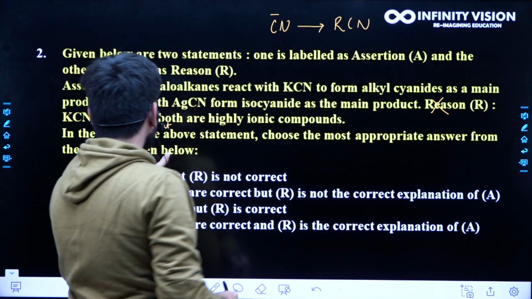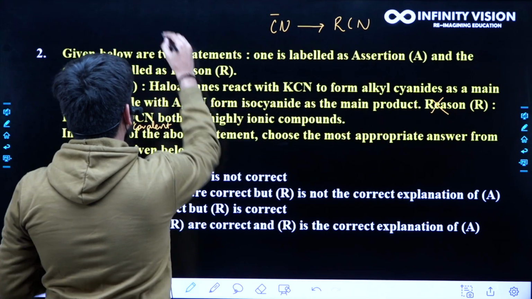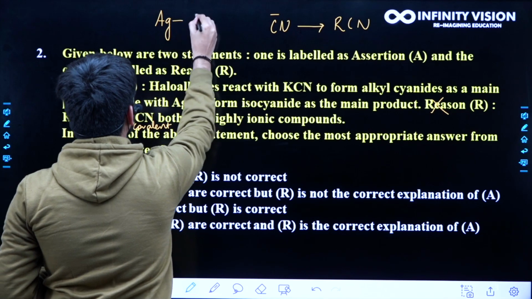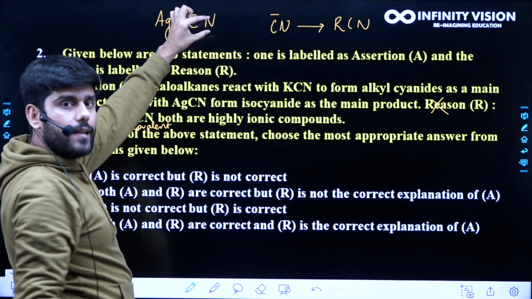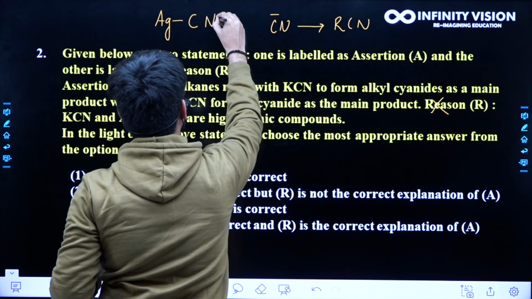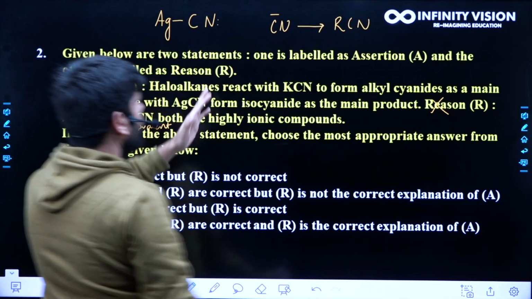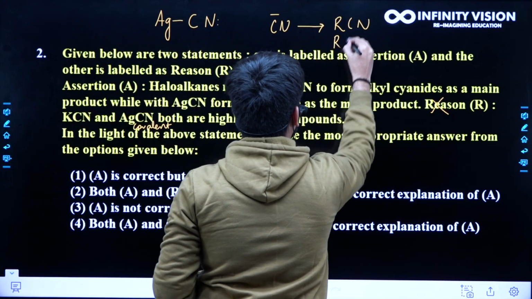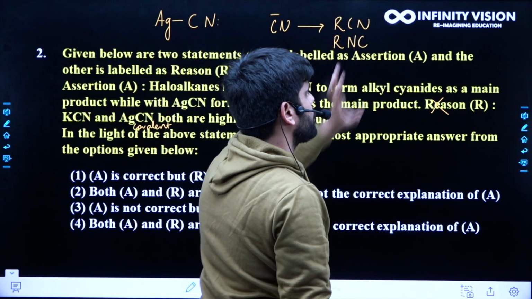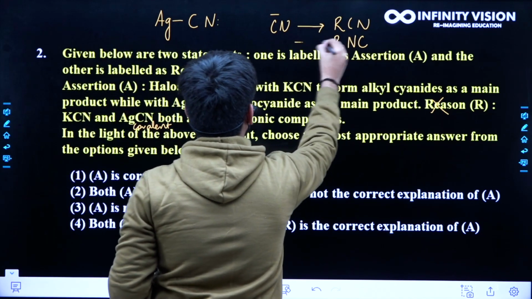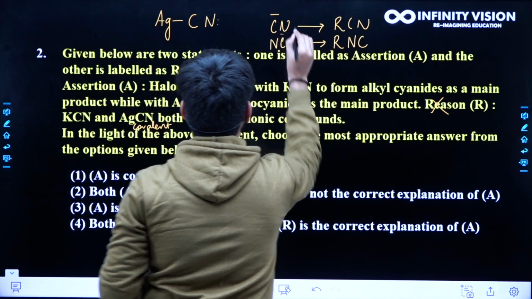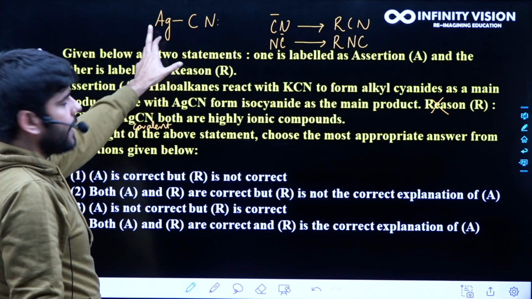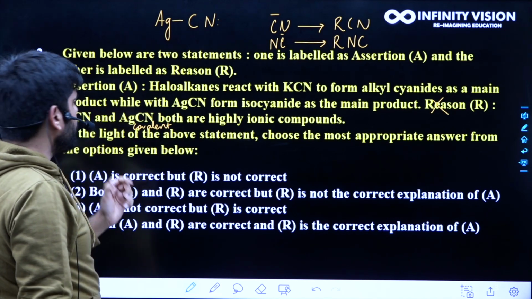And with AgCN, we know it is a covalent compound, so we are left with just the nitrogen end as the nucleophilic end, and we get RNC, that is alkyl isocyanide, as the major product in the case of AgCN. I hope this is clear to you.